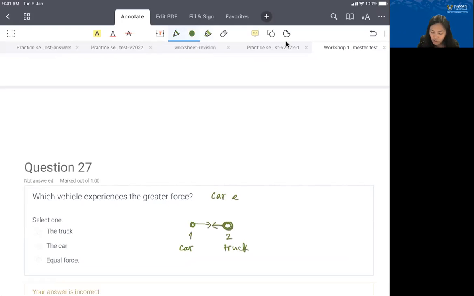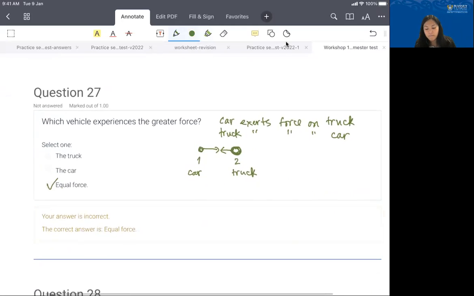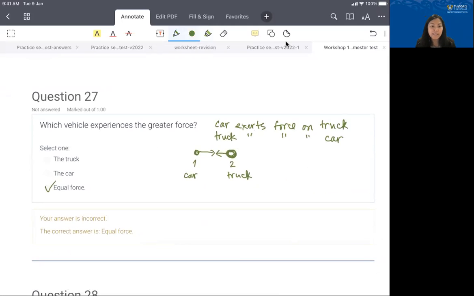But Newton's third law of motion tells you that the truck also exerts a force on the car. And Newton's third law says that the amount of force is the same, but in opposite directions, regardless of whether one is heavier than the other. So by virtue of Newton's third law, the force should be equal, even if they have different masses.